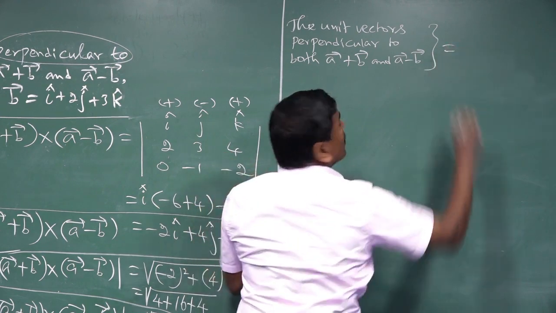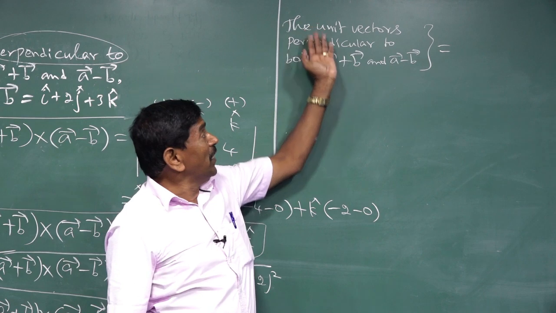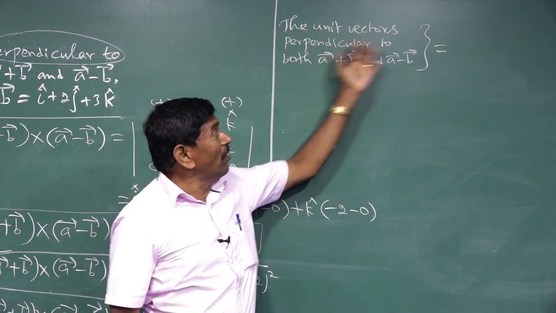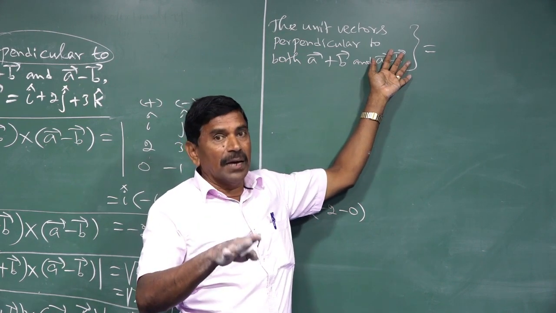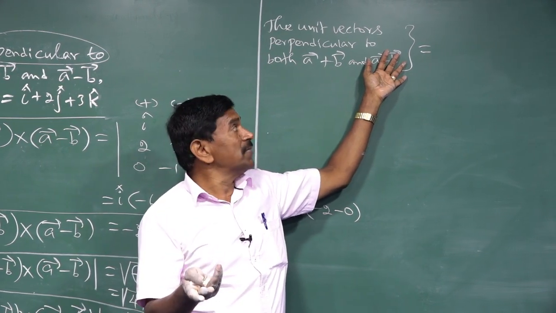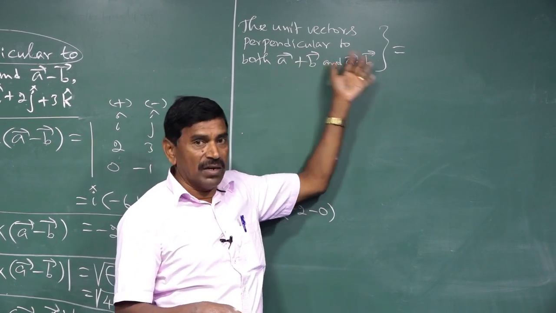See, the usual formula is: the unit vector perpendicular to both a vector and b vector is given by plus or minus n cap equal to plus or minus a vector cross b vector divided by modulus of a vector cross b vector.